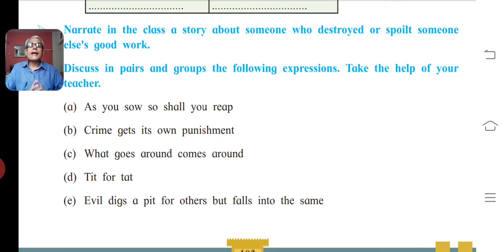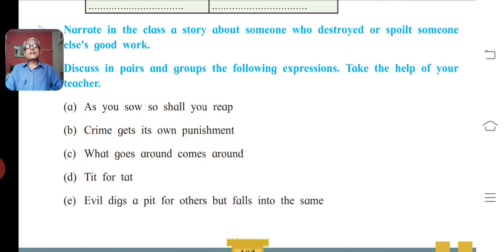A. As you sow, so shall you reap. B. Crime gets its own punishment. C. What goes around comes around. D. Tit for tat. And E. Evil digs a pit for others but falls into the same.